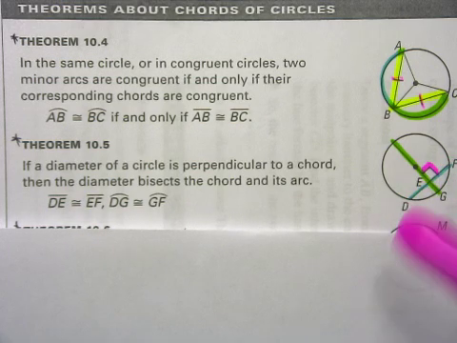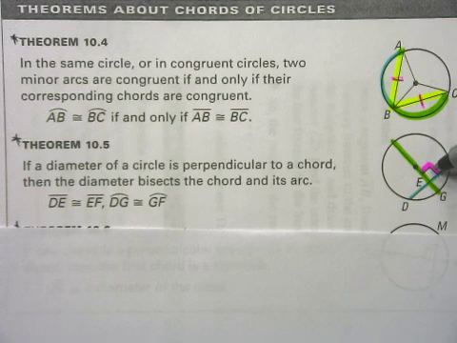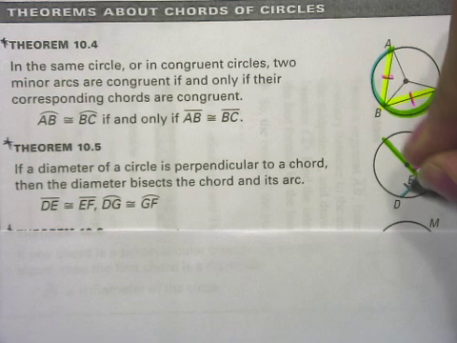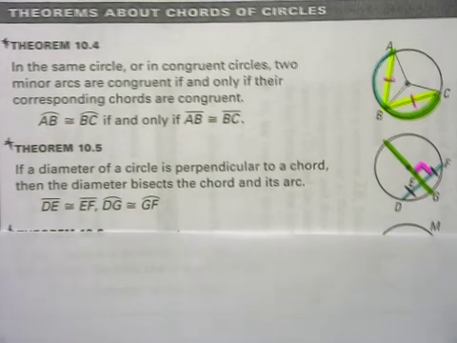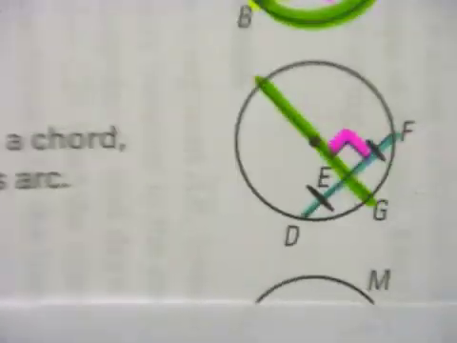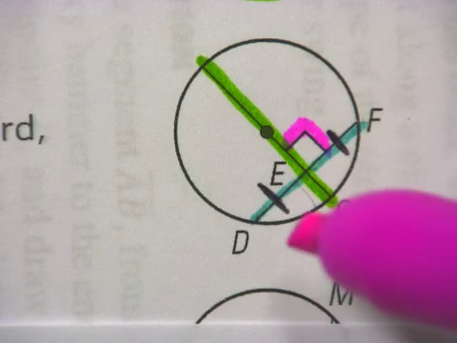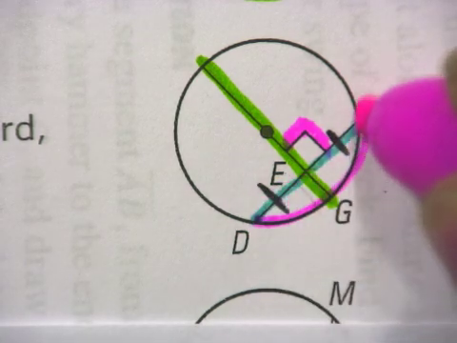This rule is saying that if a diameter in green is perpendicular to a chord in blue, then that diameter is bisecting the chord and its arc. That means it's cutting this blue chord into two congruent parts, meaning that DE is congruent to EF. But it's also cutting the arc into two parts.